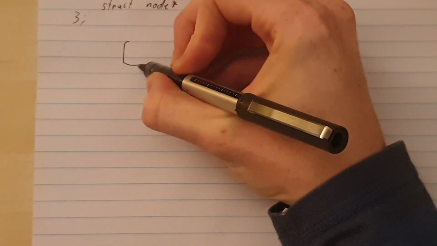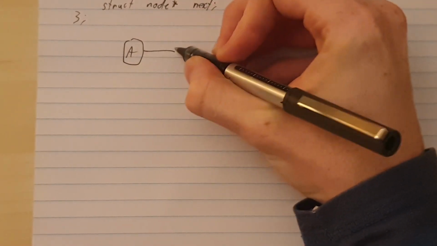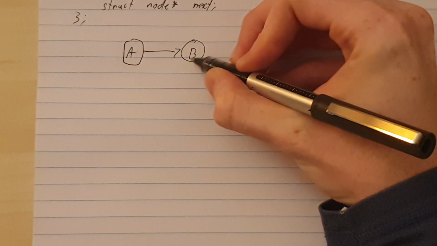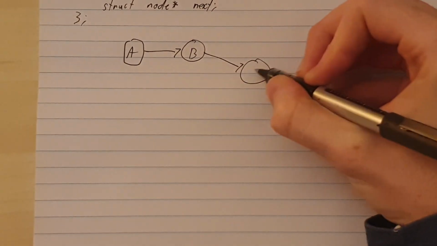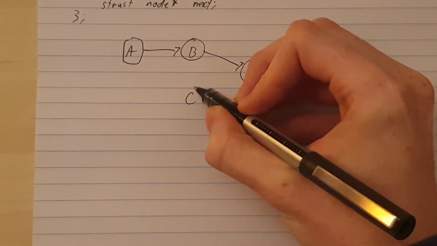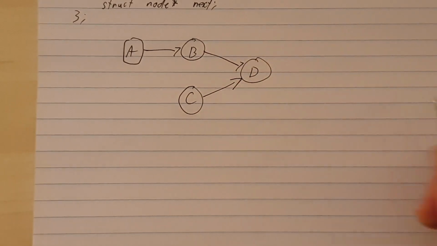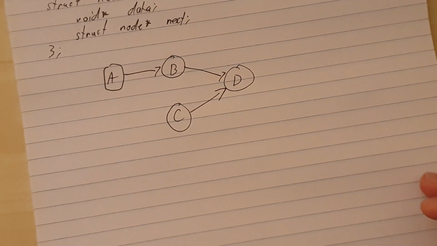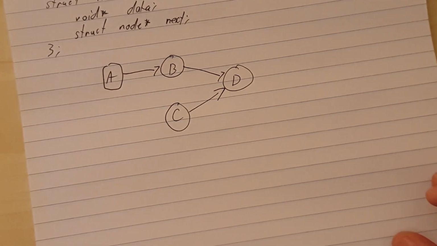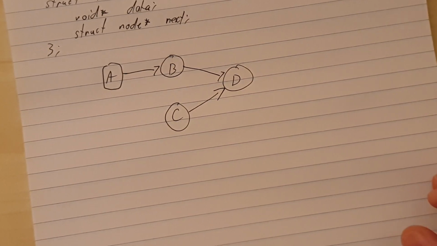And we're given a nice example here, which is A points to D, B points to D, and there's a C here, which also points to D. And we are asked, your task is to count the number of nodes that are shared between two linked lists.